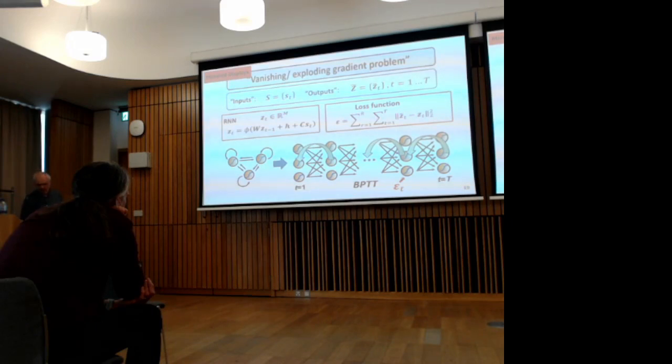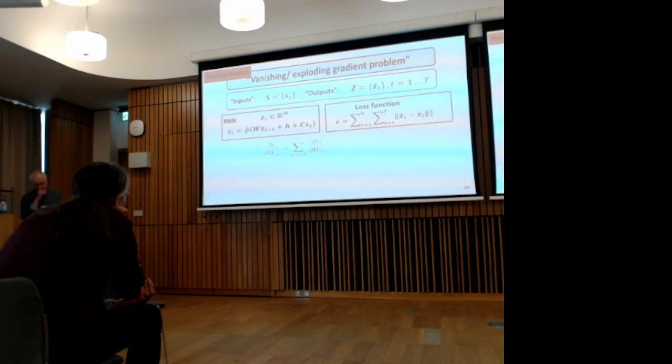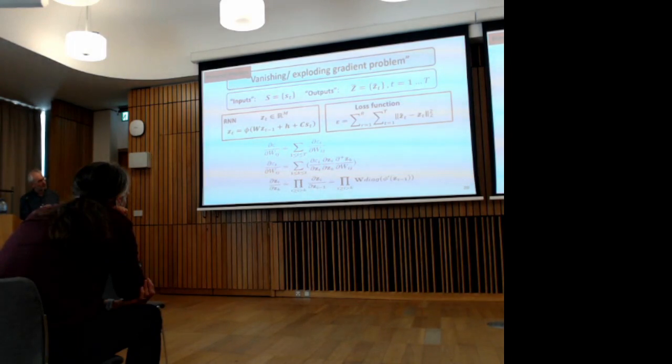You can actually, mathematically, easily see that if you take the derivatives of the loss function with respect to the parameters of your system, and you develop them according to the chain rule, you will end up with these product series in the middle of the Jacobians of your system. So these are the states of my recurrent neural network, and you derive them with respect to preceding states.